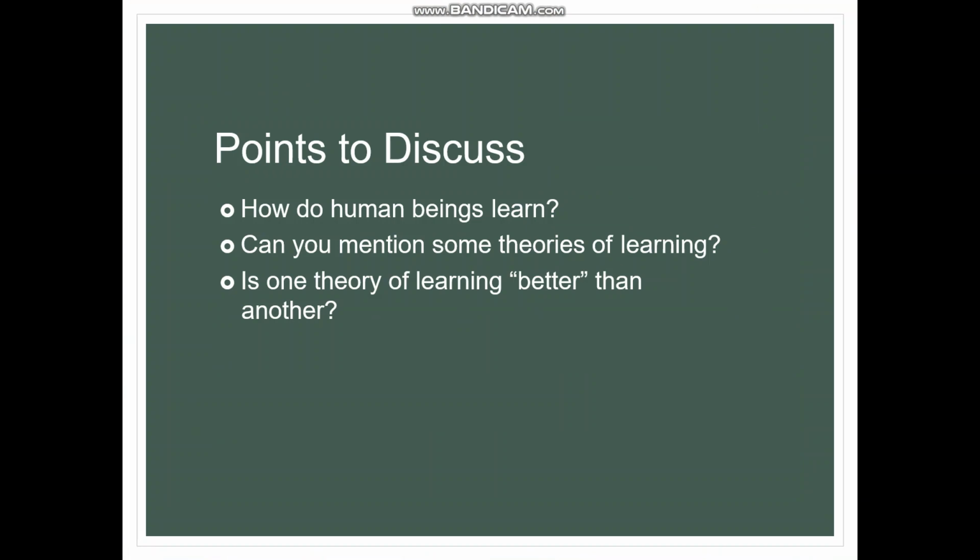Later, after you know it, are you going to claim that one theory is better than the other? No, it depends on the situation. Theory A will be suitable for group A, and theory B, for example, will be suitable for group B, and so forth.